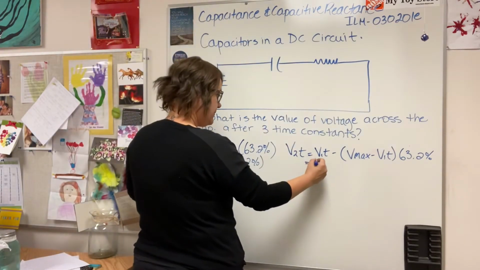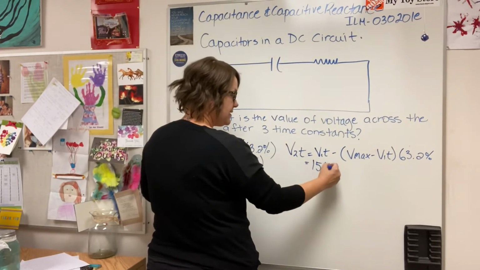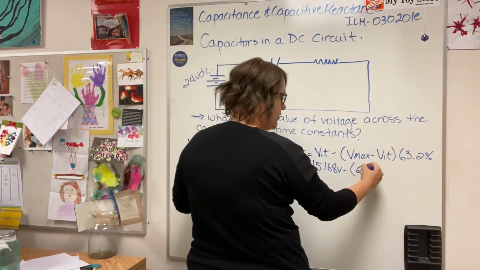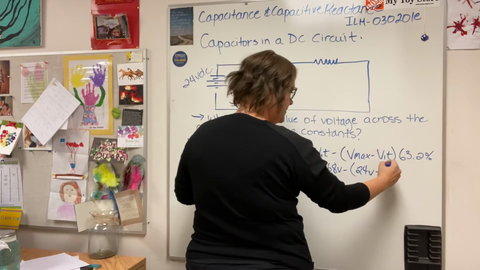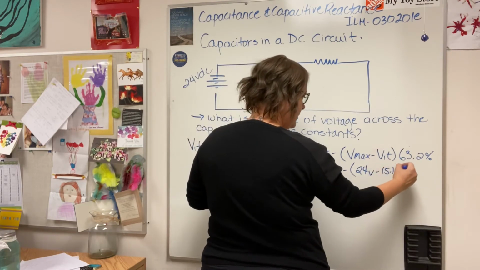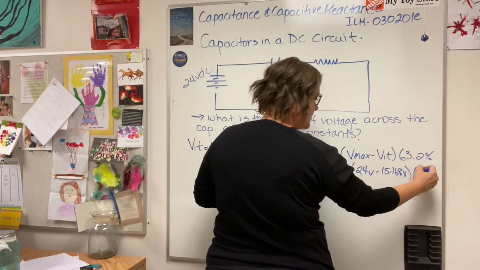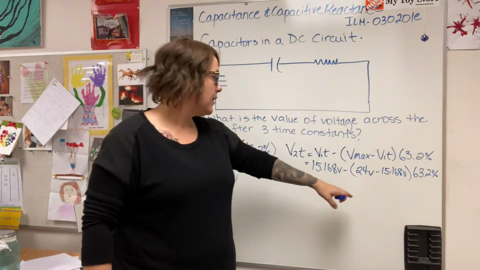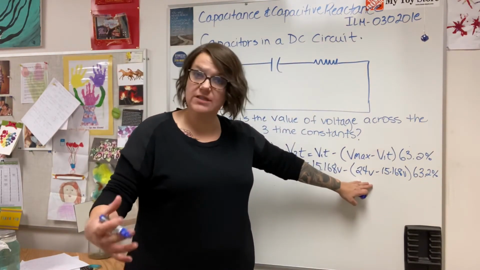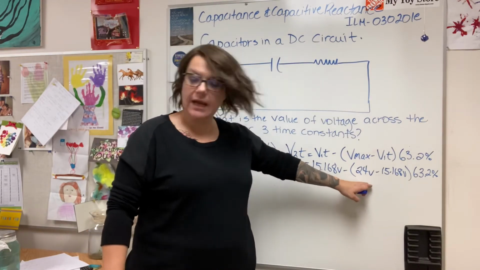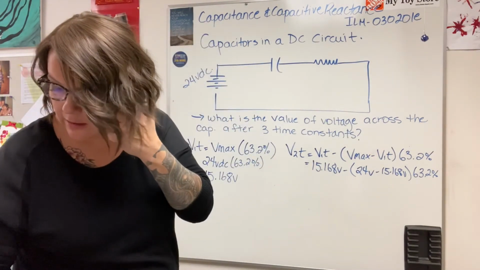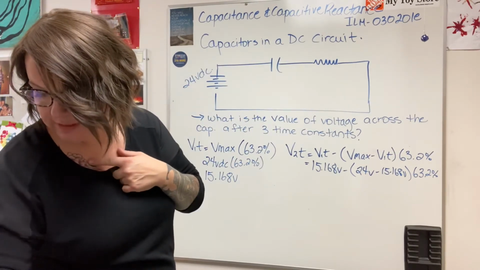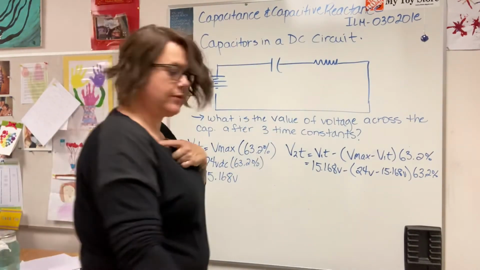So we've got 15.168 volts, plus, in brackets, 24 volts DC minus 15.168 volts, times 63.2%. We have to adhere to our BEDMAS. Inside the brackets, that works out to be 8.832.